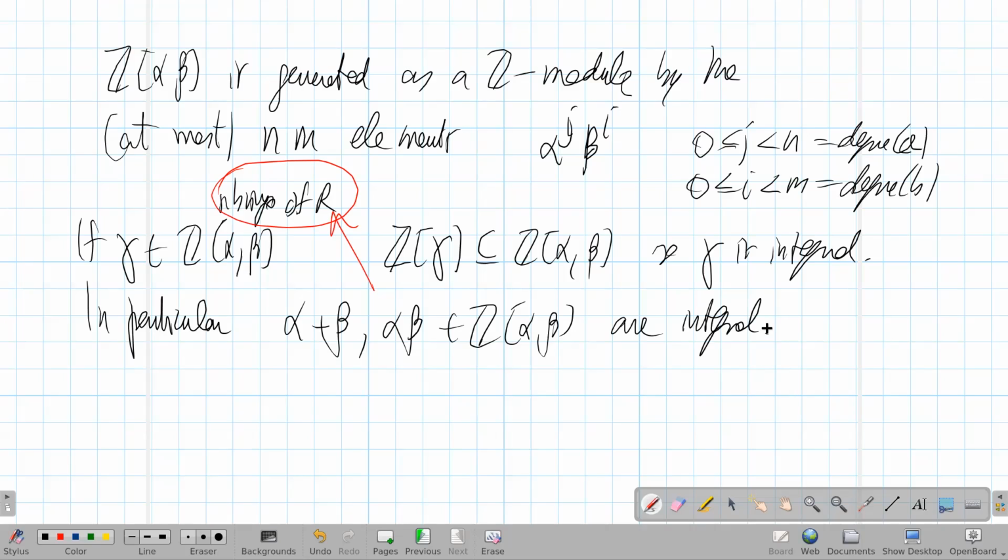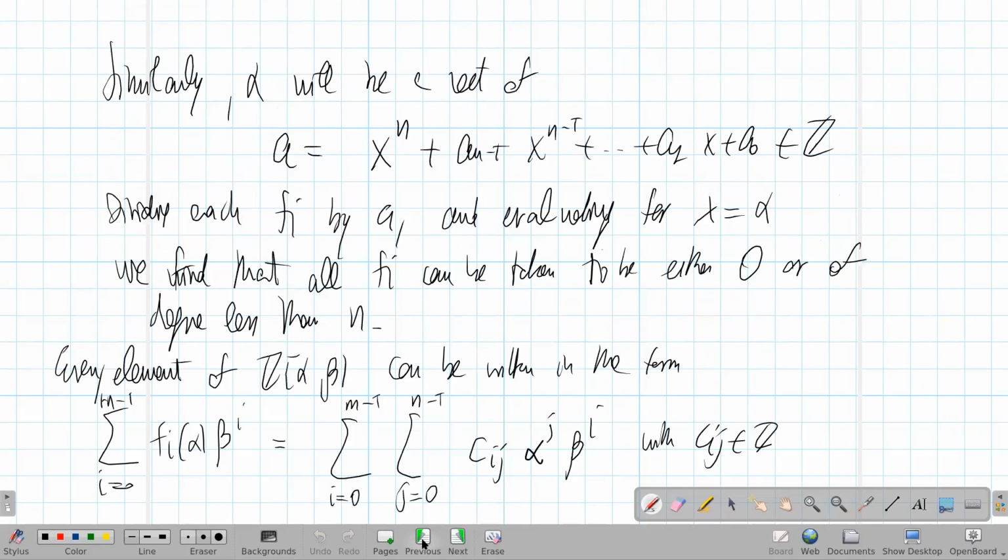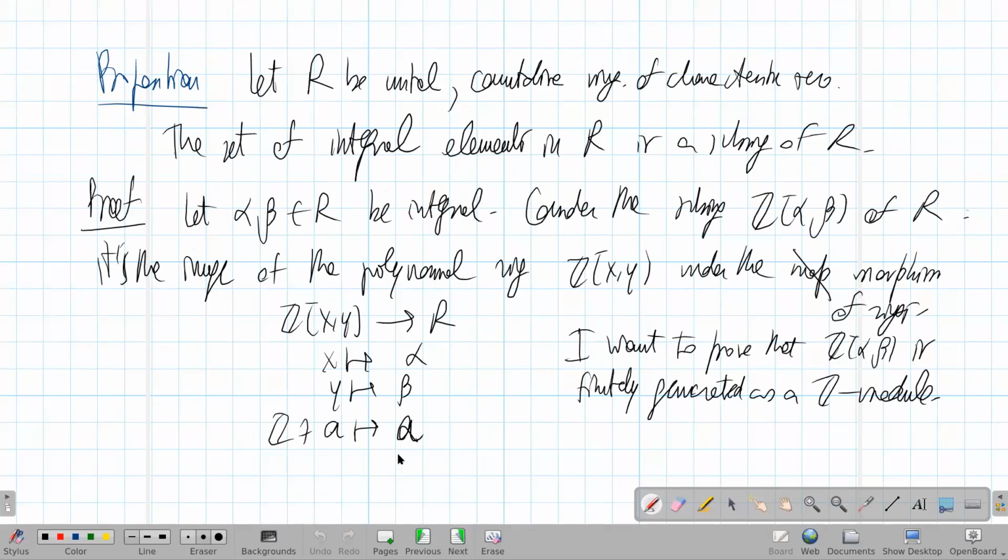And so the sum and the product of any two integral elements are integral, and this proves the fact I claimed here that the integral elements form a subring of R.